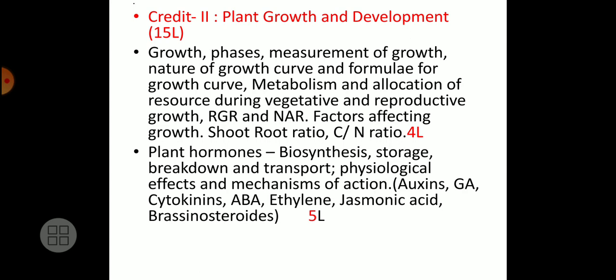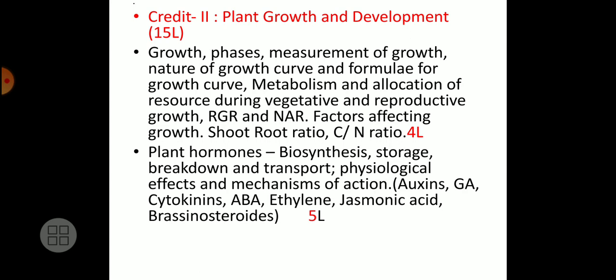Now another unit from this credit, second, plant growth and development. We have to get an idea about plant hormones: how hormones are synthesized in the plant, how they are transported from the synthesis site to the required site, and to the storage site.